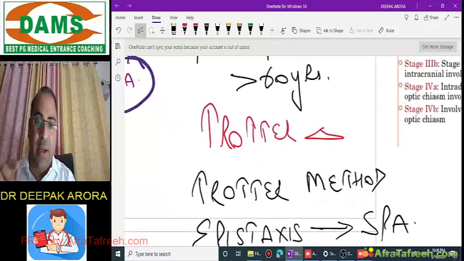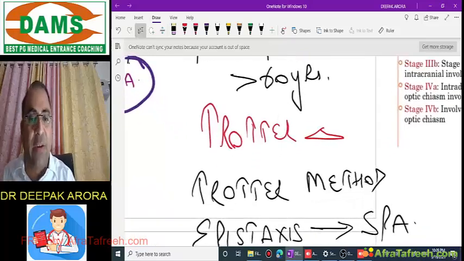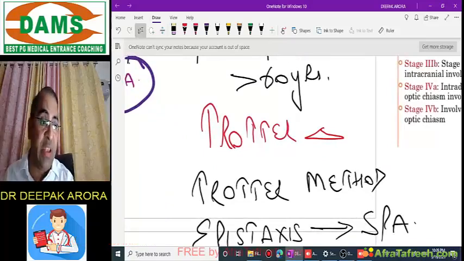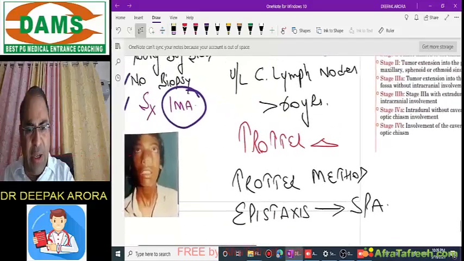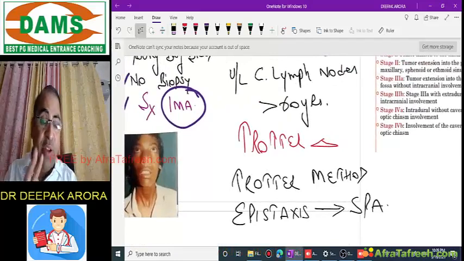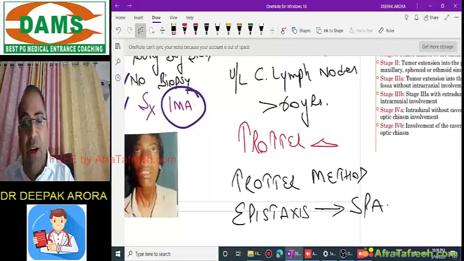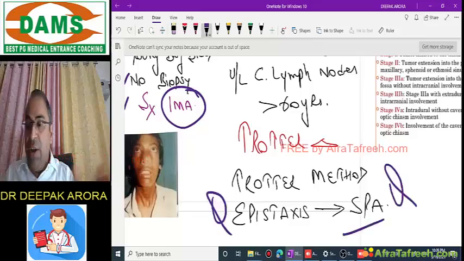Trotter's triad, glue ear with 5th and 10th nerve palsy. You have Gradenigo triad where you have 5th and 6th nerve palsy. T for Trotter, T for 10. Don't get confused. Trotter's method? No, it is not Trotter's method. It is Trotter's triad.